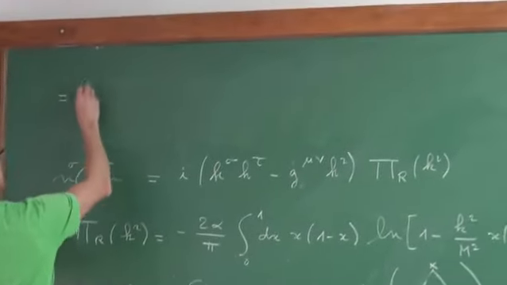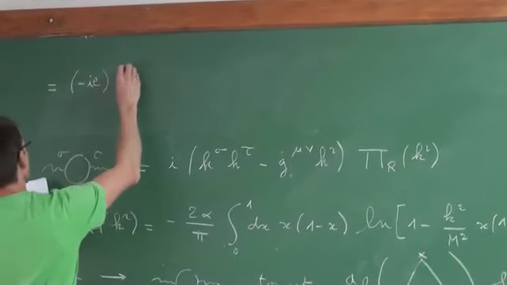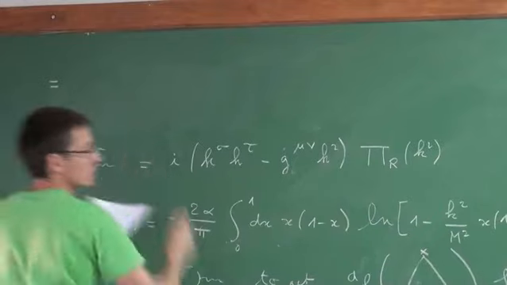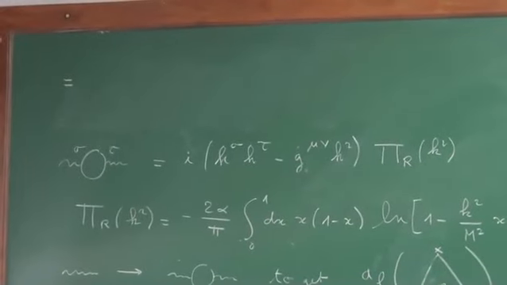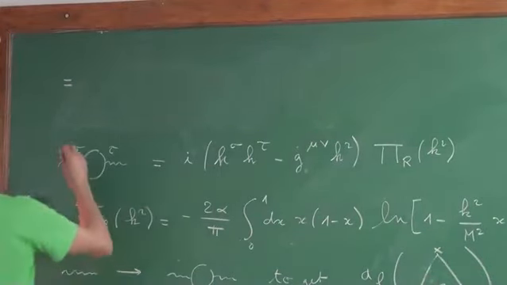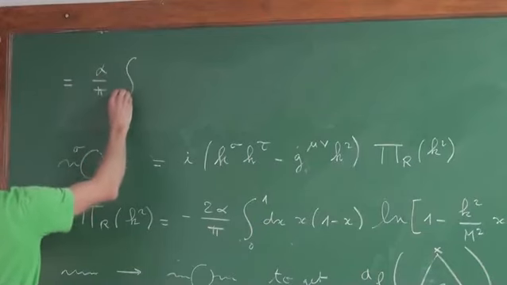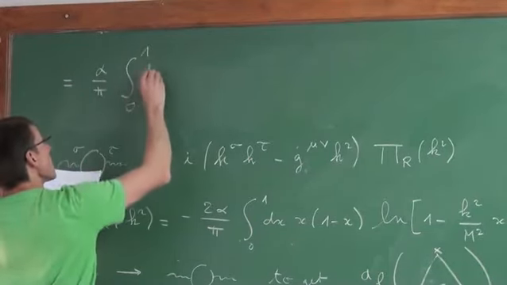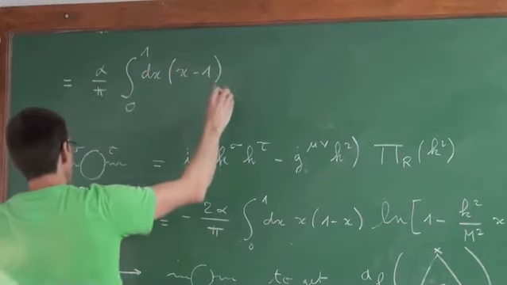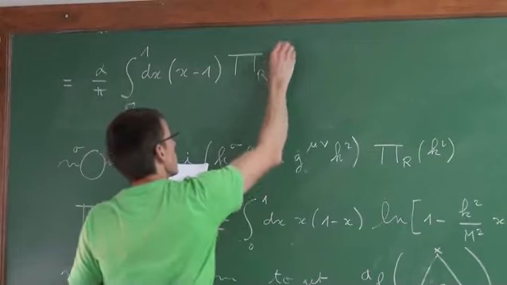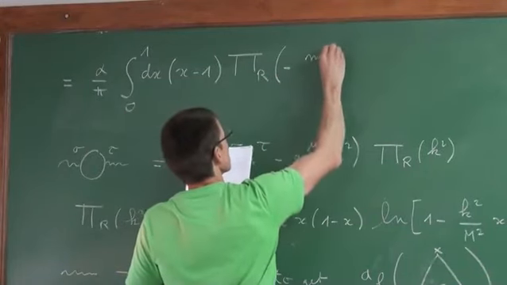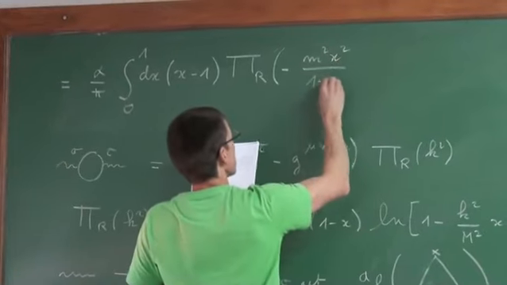And so we get, because the alpha dependence is already inside Pi, x minus 1 times Pi normalized over 1 minus x.